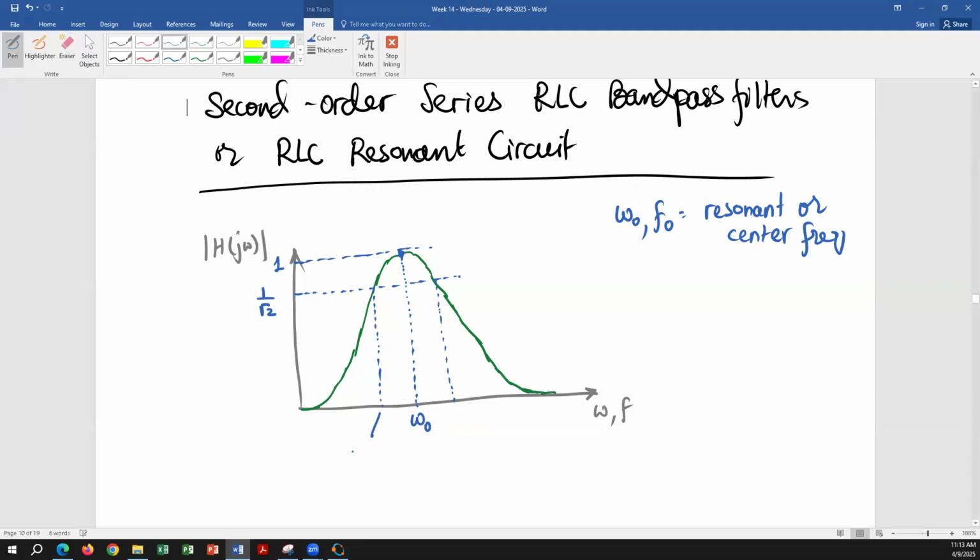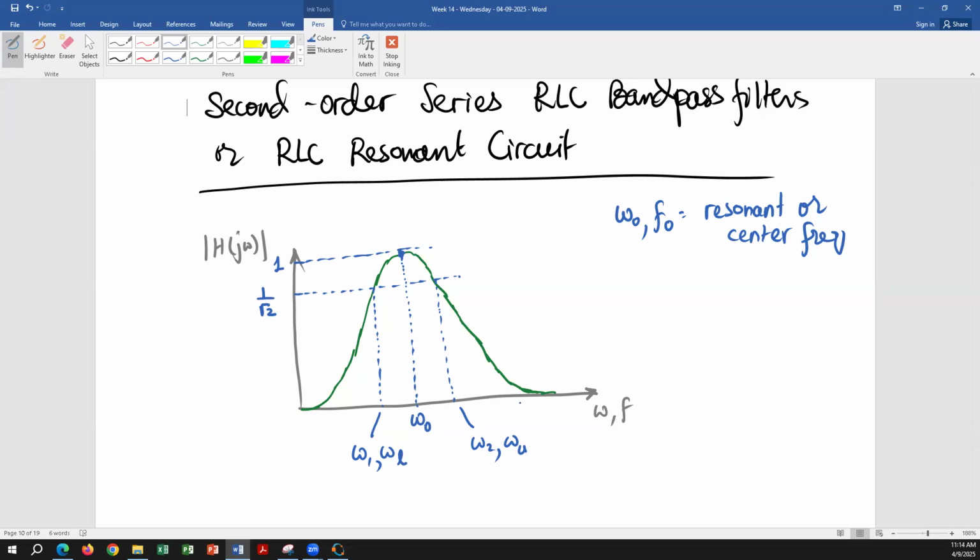This is omega 1 or omega L, and this is omega 2, the upper cutoff frequency, or omega U. Lower cutoff frequency on the lower spectrum and upper cutoff frequency at the upper spectrum.